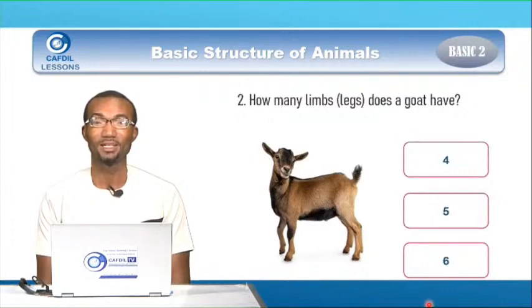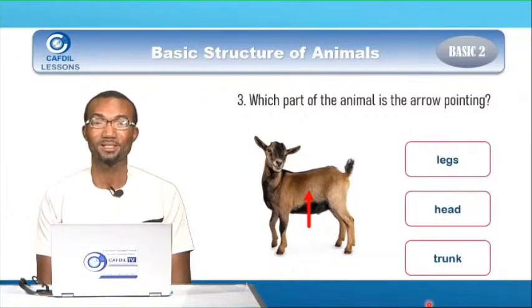How many limbs or legs does a goat have? So if you count, 1, 2, 3, 4. Good. So a goat has 4 limbs or 4 legs.